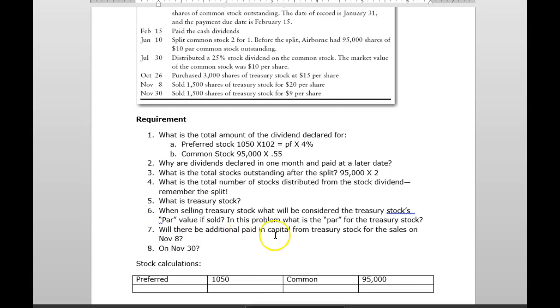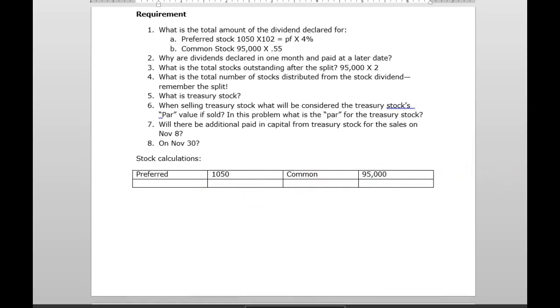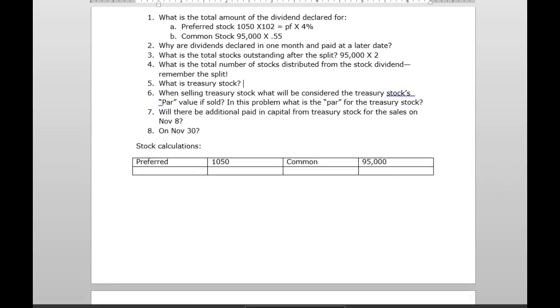So will there be additional paid-in capital from the treasury stock for the sales on the 8th? And how about on November 30th? So you'll need to look in the book and see how they handle treasury stocks as far as the entries and the amounts. Interesting little problem. And I've kind of given you a little table down here to help you keep track of things.